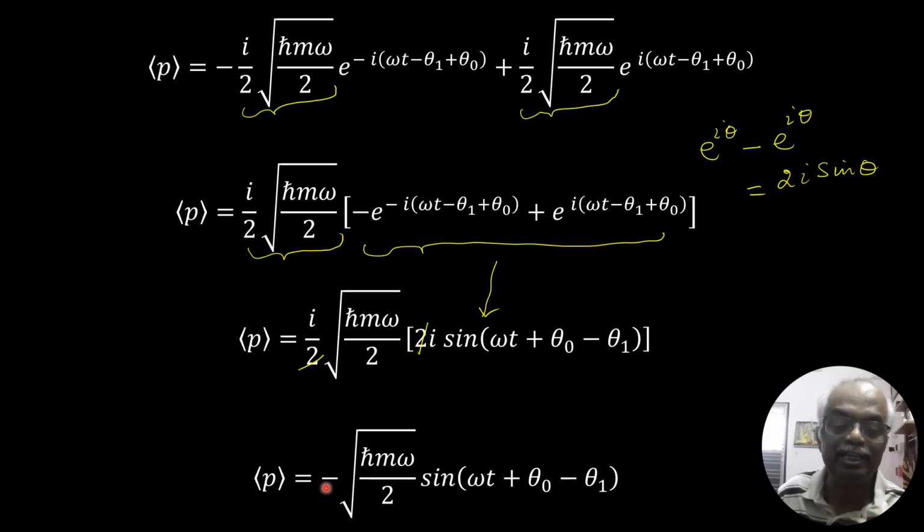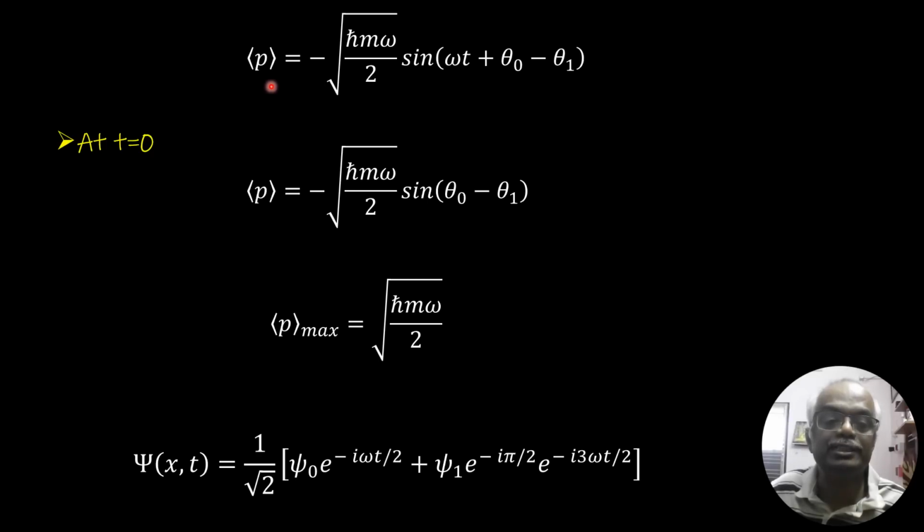So I have taken minus square root of h cross m omega over 2. Then the sinusoidal term I have taken as it is, sin omega t plus theta naught minus theta 1. Then we will find the maximum value of the expectation value of momentum.